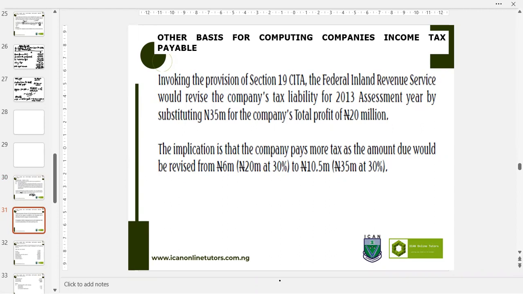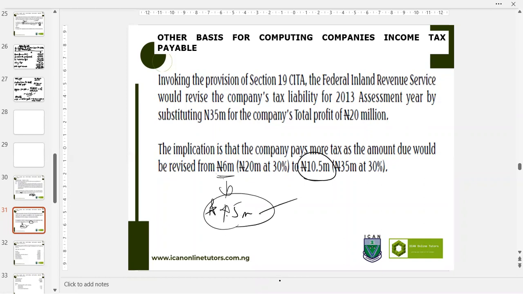So if the tax authority had not applied the dividend basis, the company would have paid 6 million naira, and the government would be losing 4.5 million naira. I hope you understand. But using the dividend basis, the government can collect more money from the taxpayer, about 4.5 million naira.